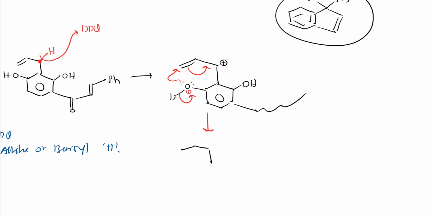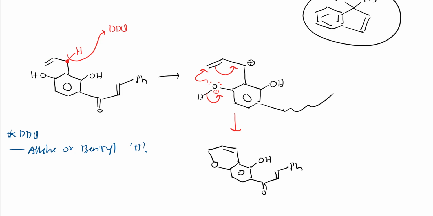It will be like this, right? I hope you got it. The pi bond has shifted here and the other things are as they were, OH here like this, and if I want to draw it completely, it becomes like this. So here also cyclization has happened.